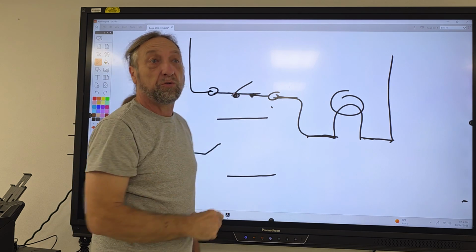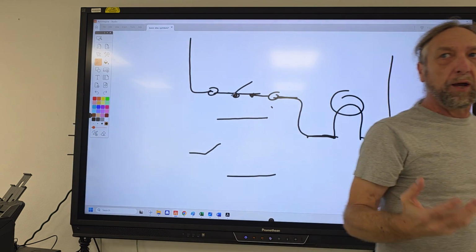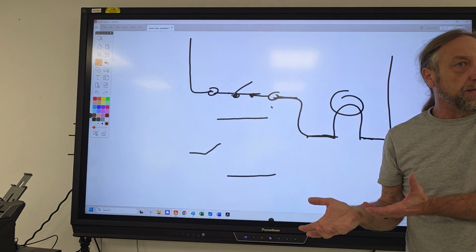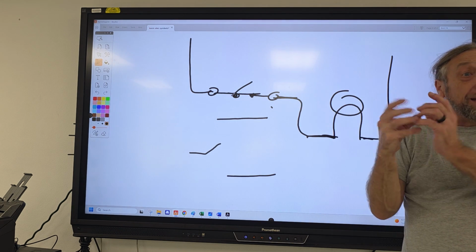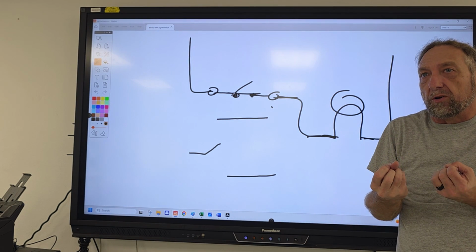And that's how power goes through. A lot of people look at diagrams and don't understand that. So that's why I'm breaking it down, like these are how these parts work.